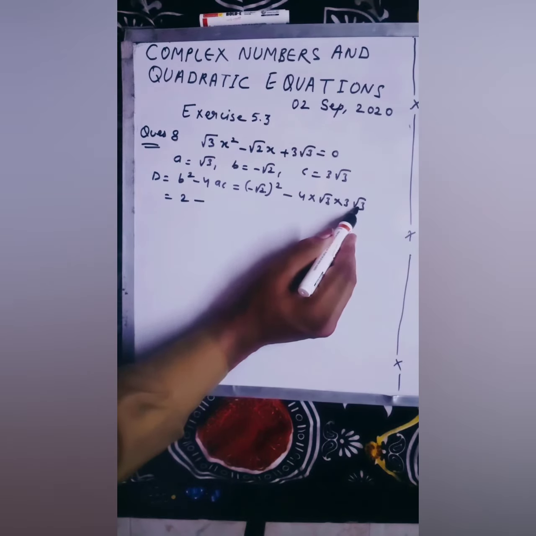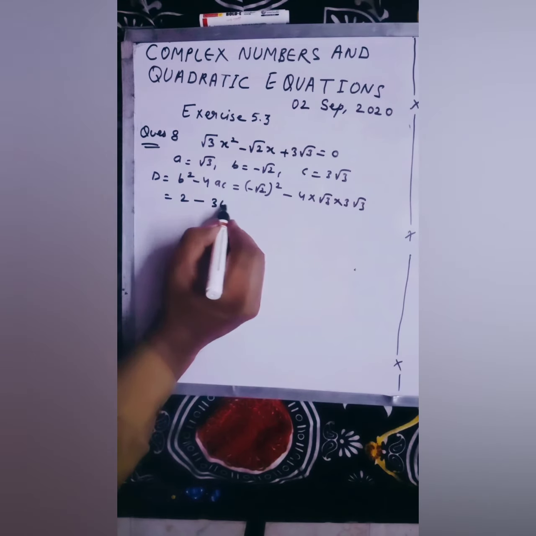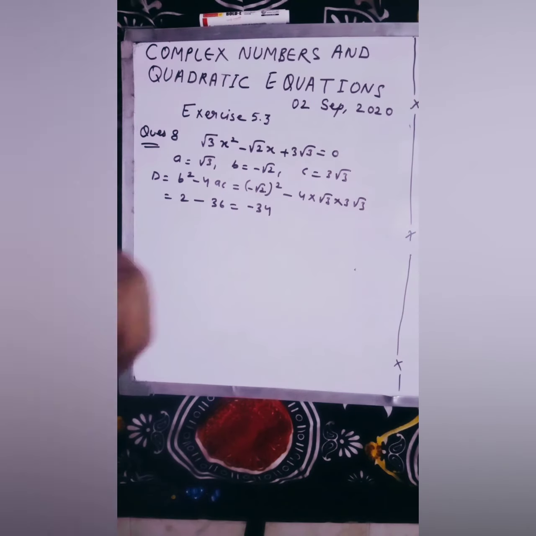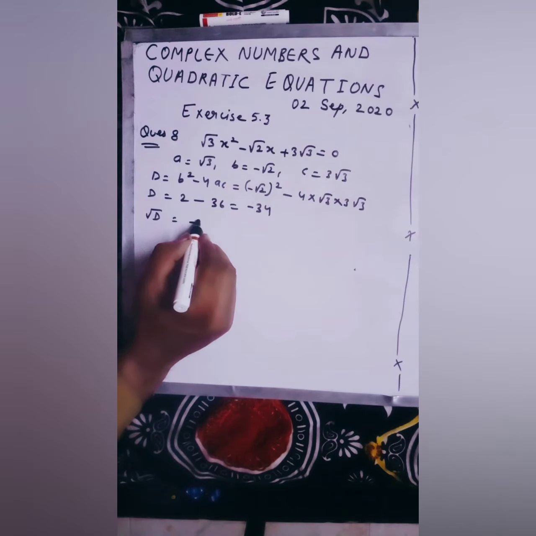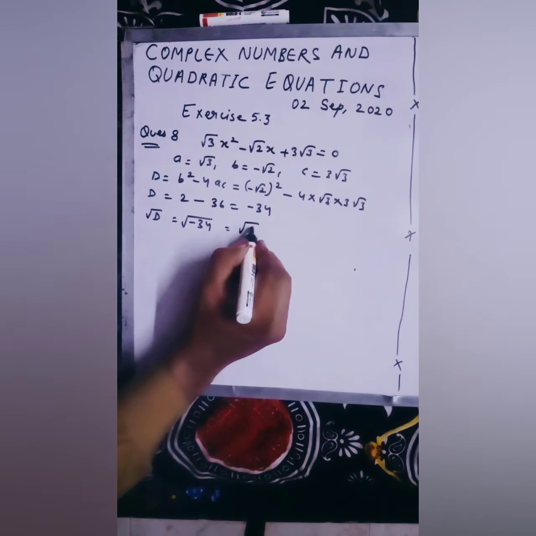This root 3 times 3 root 3 will be 3 into 3, 9, 4 nines are 36. So here you will get minus 34. So your root d will be under root minus 34, so I am separating this.